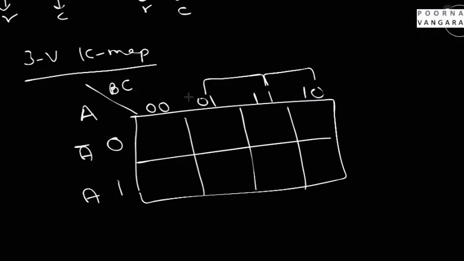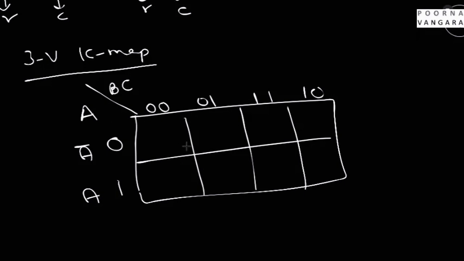Whenever you are doing Boolean expression minimization with the help of theorems, in fact you are trying to figure out the adjacent minterms, so that you take whatever is common between two minterms and eliminate the other variable. Okay, we will see this example now.